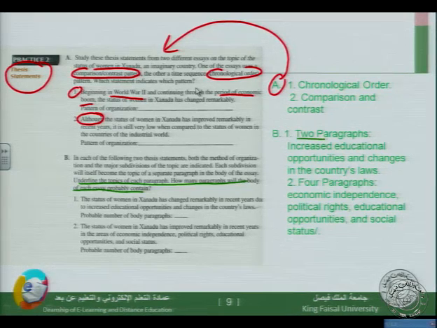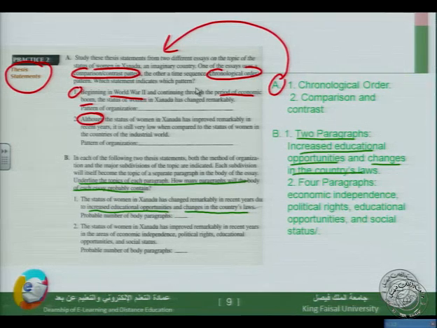Number 1, 2 paragraphs, because here it talks about increased educational opportunities, which is right here, and changes in the country's laws, which is right here.